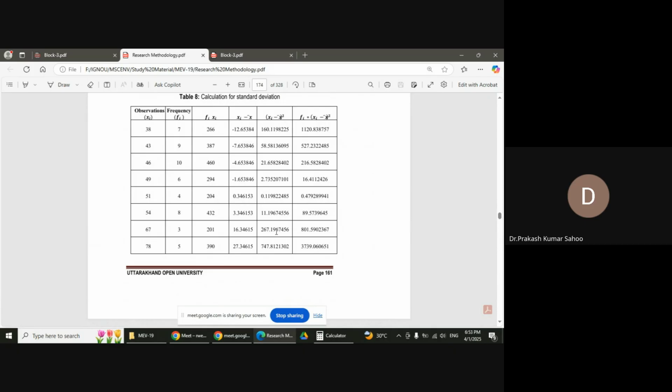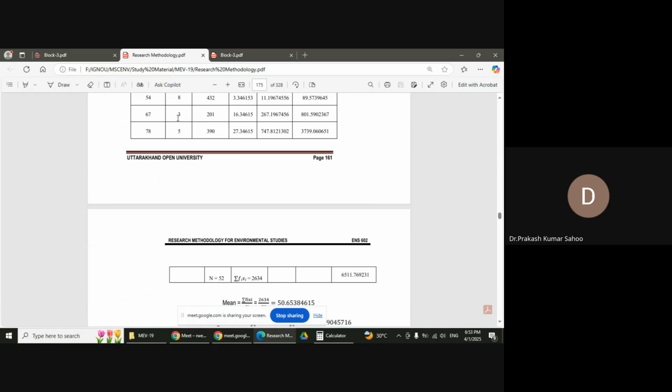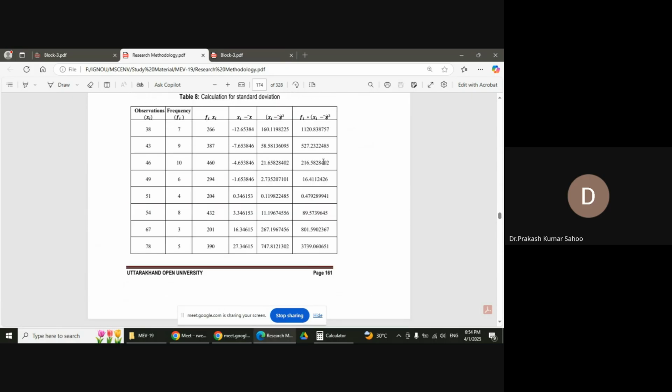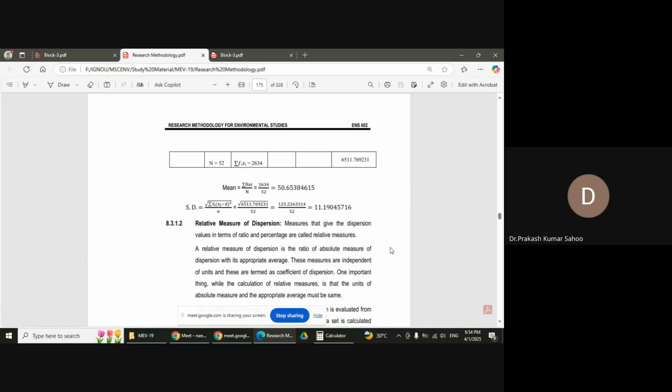Then the last row will be the frequency multiplied by the square of the differences. Then all these columns get summed: the frequency is 52, the sum of fi xi is 2634, and the last row, fi (xi minus x bar) squared, is 6511.769.